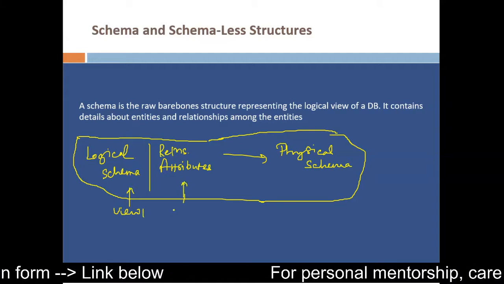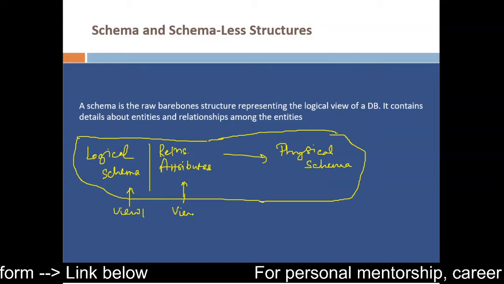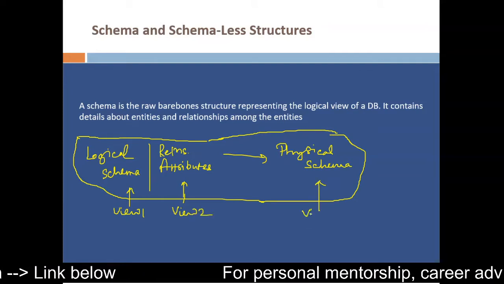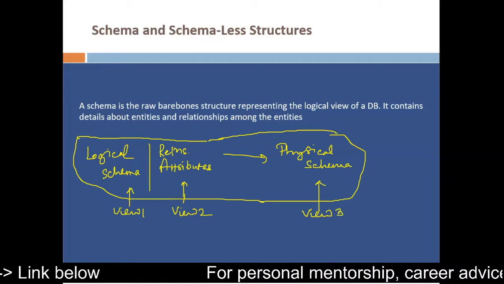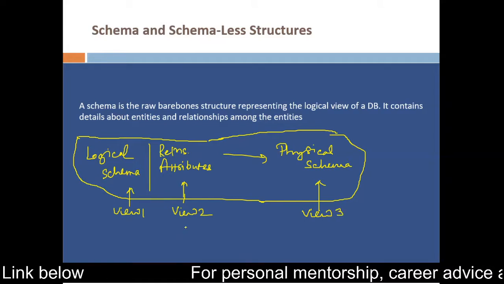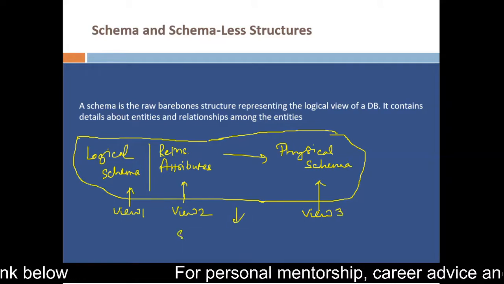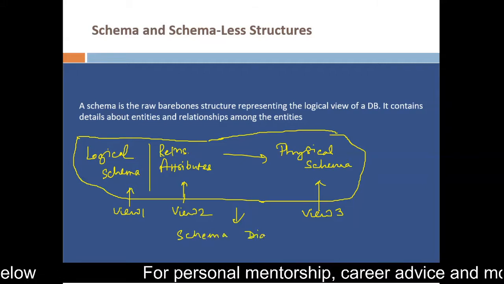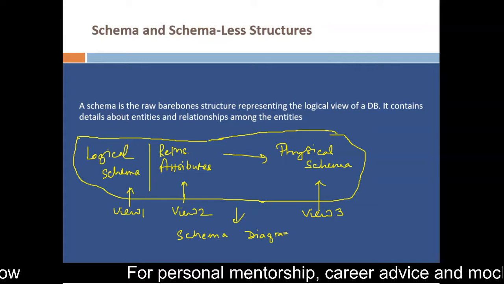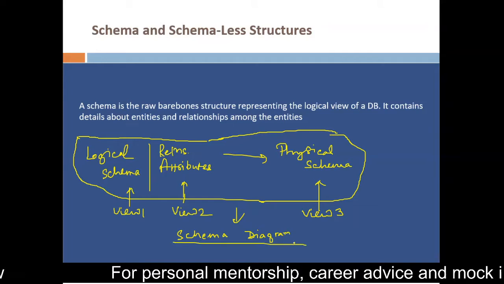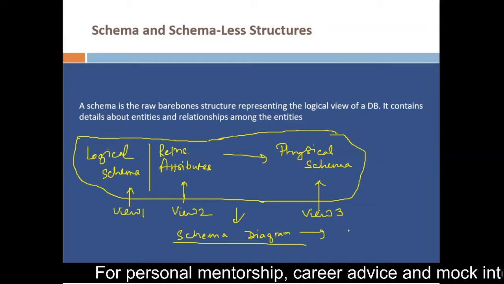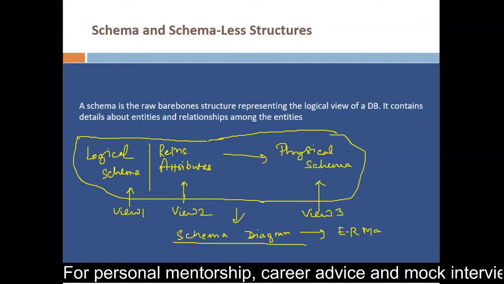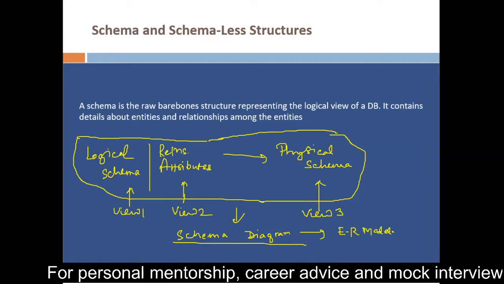This is another view which just shows us the relationships and the attributes. And on the extreme right, we see a third view, which is the physical schema, right? This particular diagram is known as the schema diagram, and this is often used synonymously with the ER model, which we also saw in one of the previous slides.